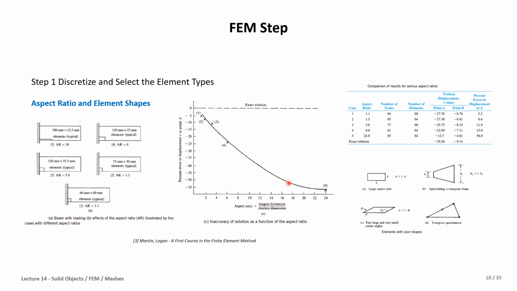When it's going upper, and we have a larger aspect ratio, the solution gets farther from the exact solution. So it's important to have the right selection for the ratio of the element. And here there are a few examples of different cases with aspect ratio with different shapes of domains.